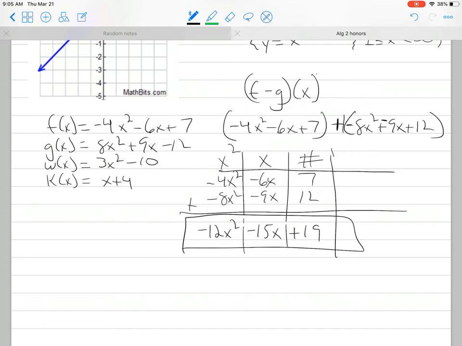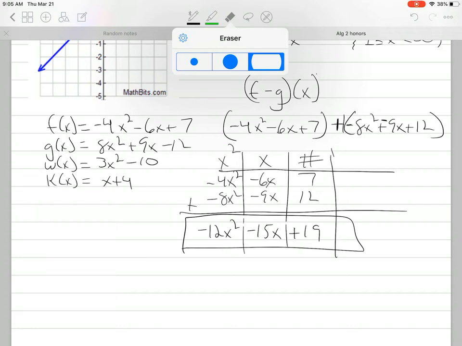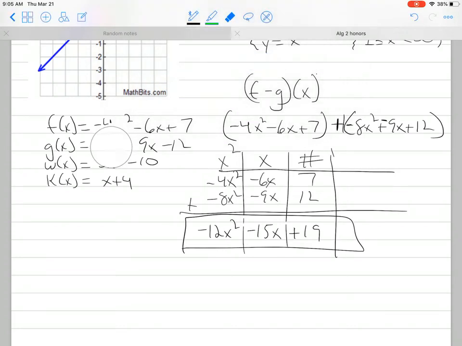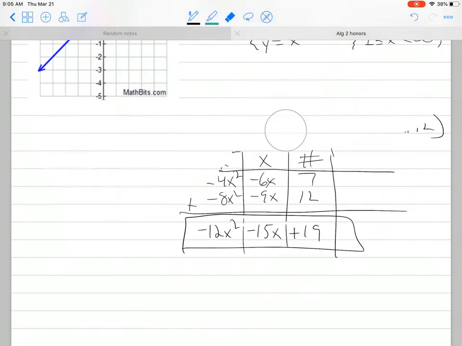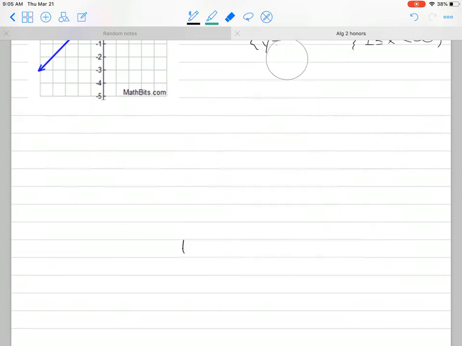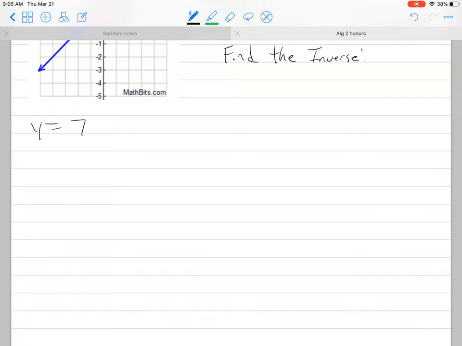Compositions, we did piecewises. Finally, let me go ahead and erase this stuff right here. Finally, last thing we're going to do is a little bit with inverses. So find the inverse of, let's go with this one, y equals 7 to the 2x minus 9 plus 10.